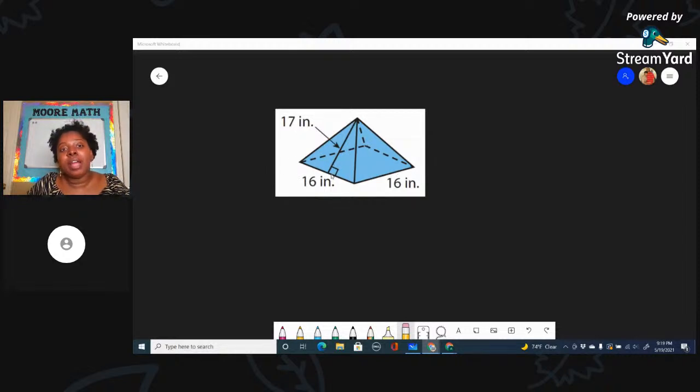The height of the triangle is 17. How many triangle sides do we have? So I have a square in the center, right? So I have this square right here. 4. Good. Okay, because there's going to be a triangle on each side. Good. So go ahead and do it.